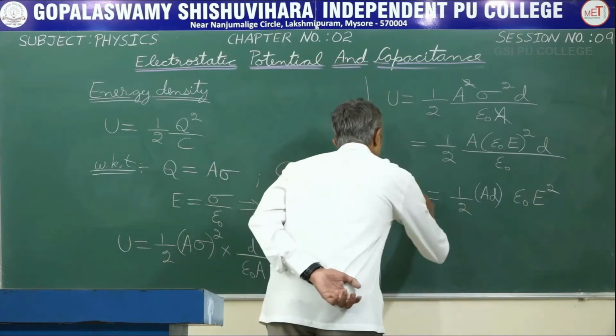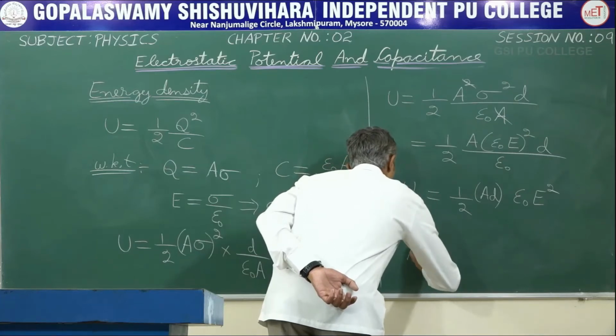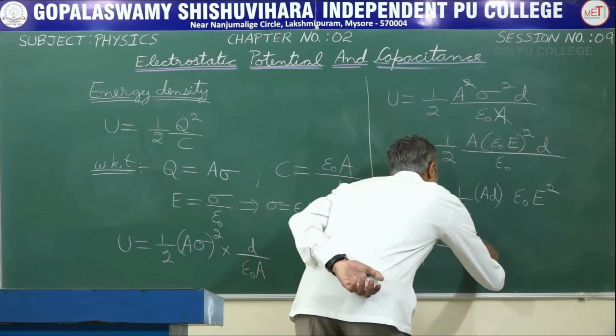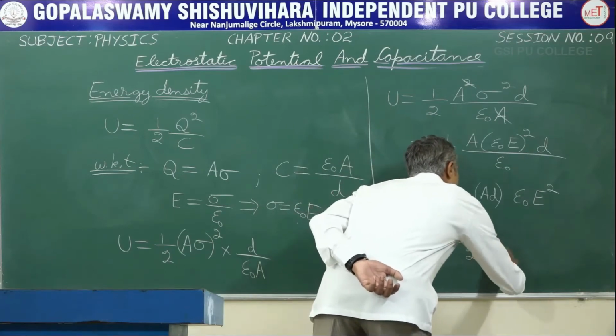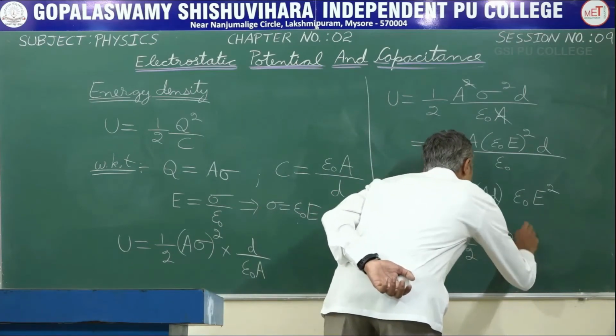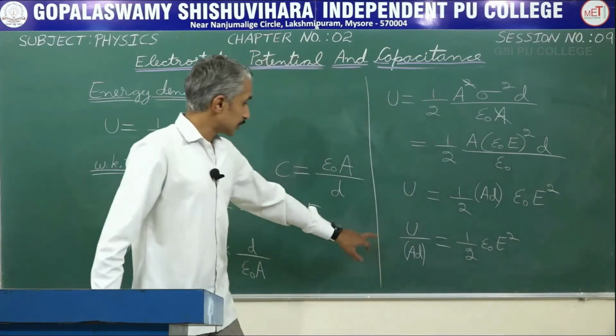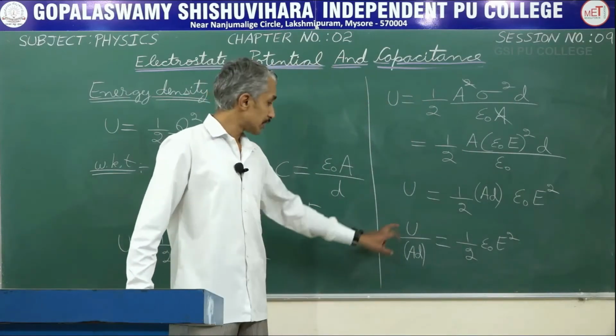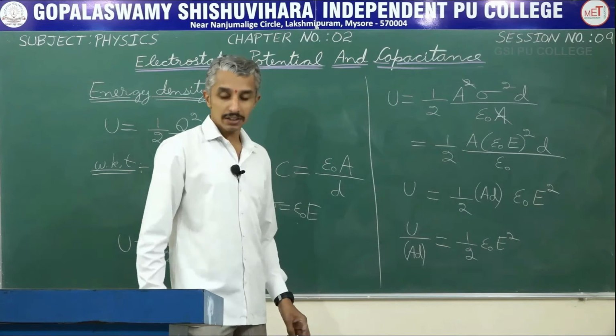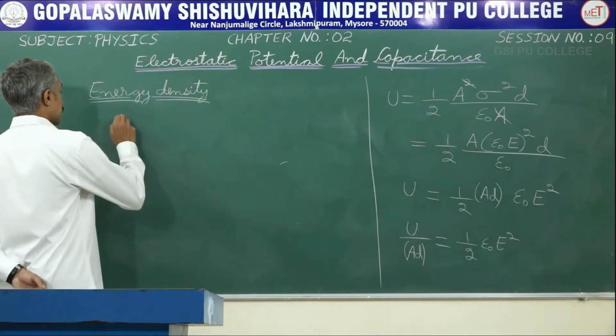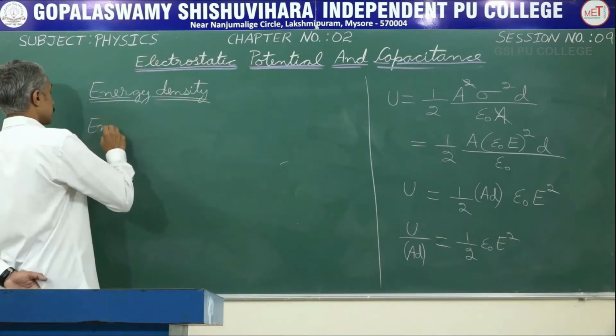So I can write this as U divided by A into D is equal to half epsilon naught E square. U divided by volume, energy divided by volume will give me energy density.